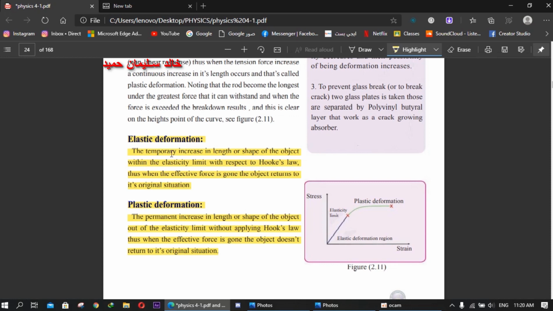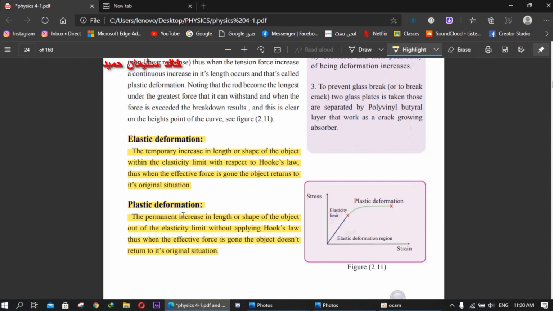So elastic deformation is the temporary increase in length or shape of the object within the elasticity limit with respect to Hooke's law. Thus, when the effective force is gone, the object returns to its original situation.